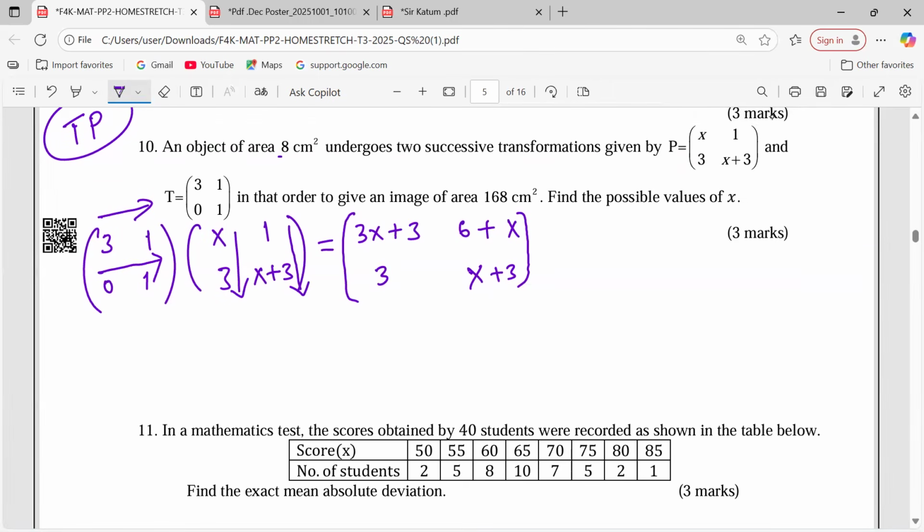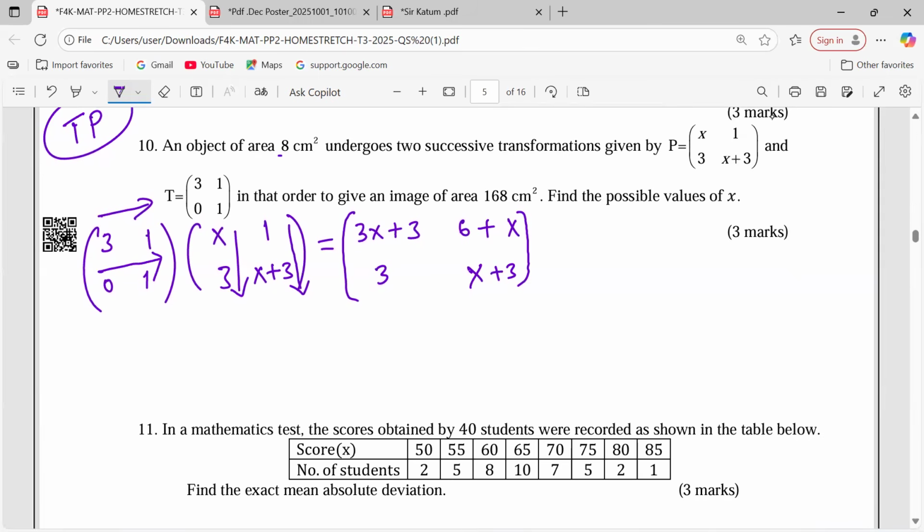With this understanding, we can say the determinant of the matrix of transformation is equivalent to the area scale factor. So once the object is mapped to an image, the area scale factor is equivalent to the determinant of the responsible matrix.